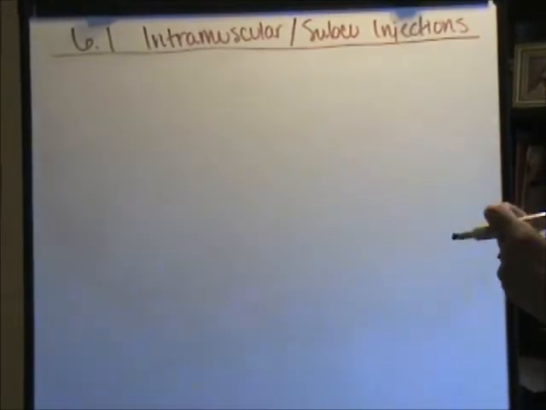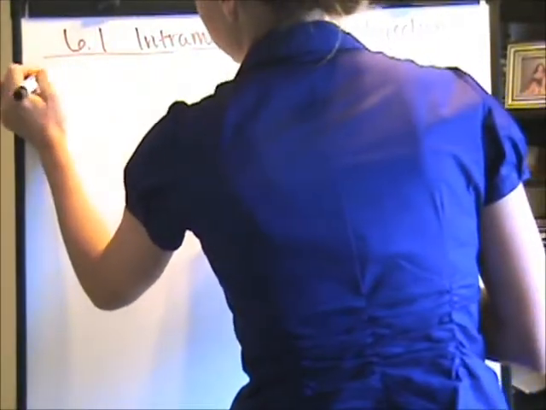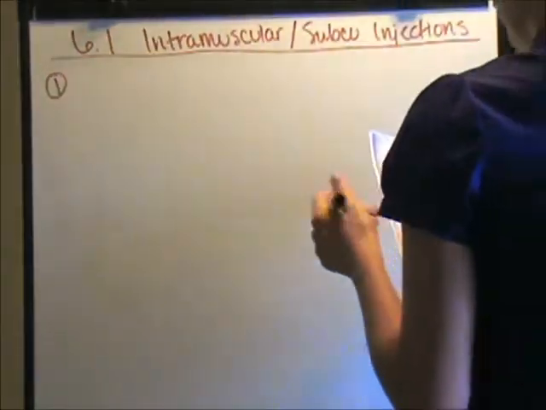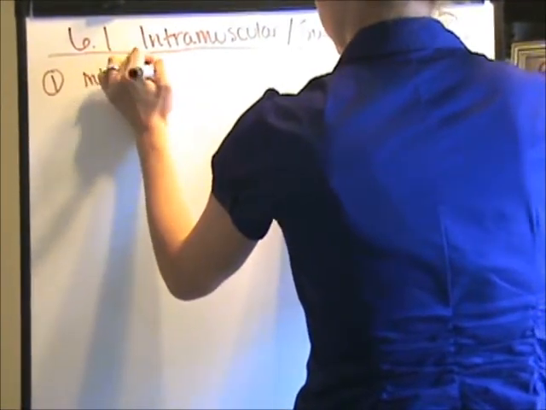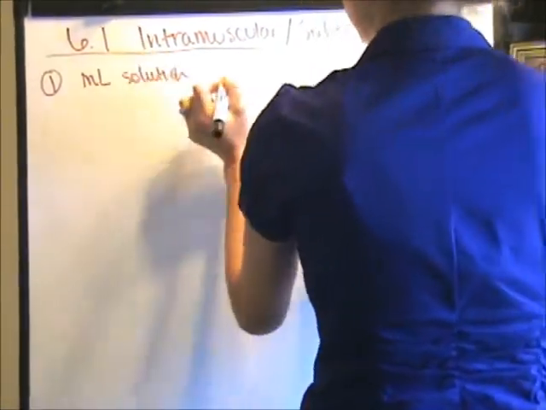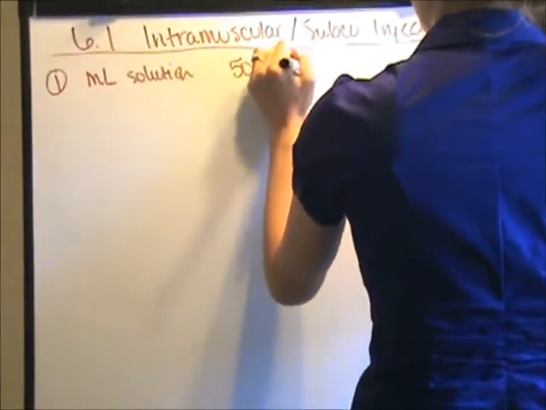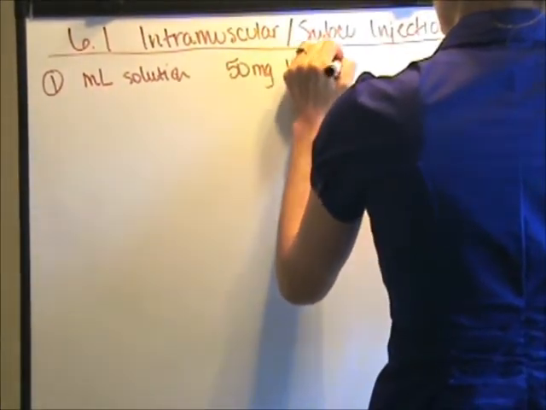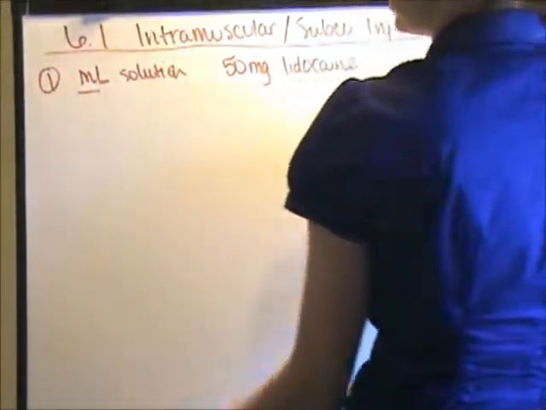Get ourselves acquainted at looking at prescription labels. If we look at number 1, how many milliliters of solution are needed to provide 50 milligrams of lidocaine? Okay, so it tells us exactly what we're looking for.